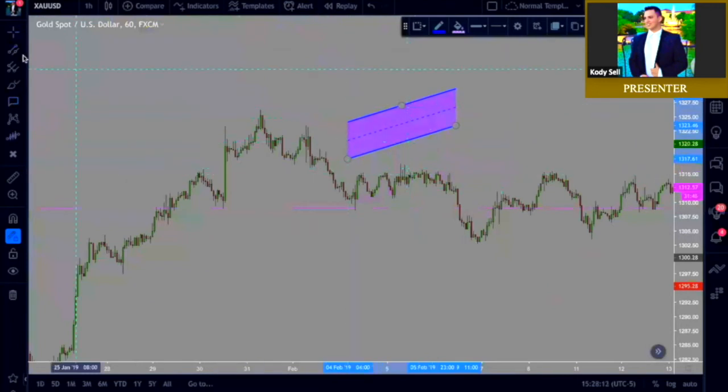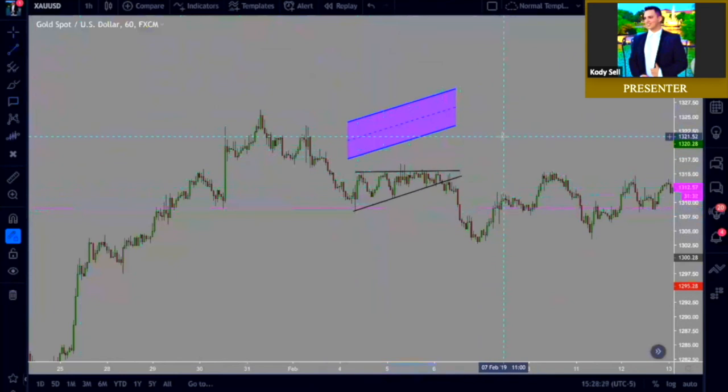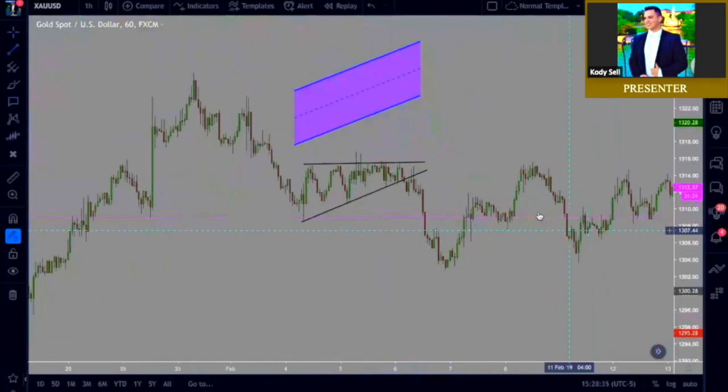What was the actual channel? The actual channel was the resistance right here in this area. See, that's where price was really rejecting and holding. Down here, how do you trap the price down here? Like so. That was your price channel. Okay, it's not perfectly parallel. It comes in, it traps and snaps together.